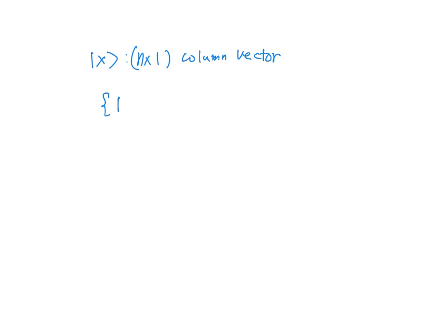A collection of vectors is called a vector space.